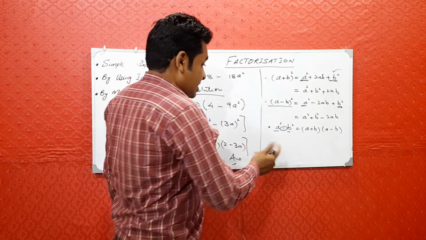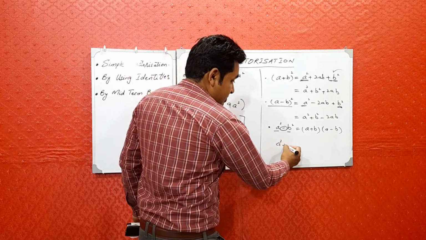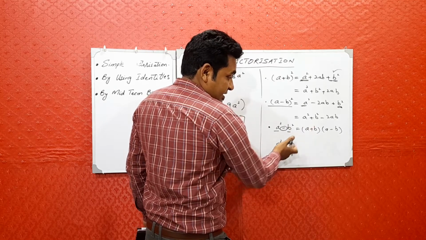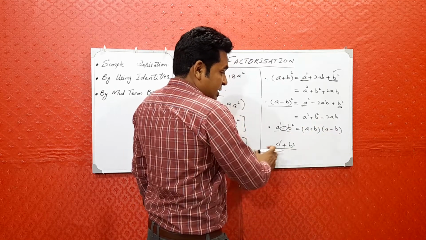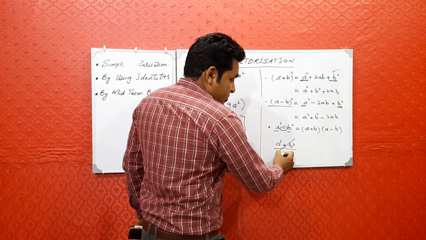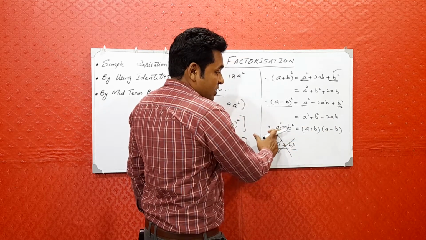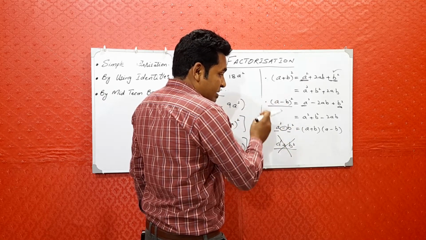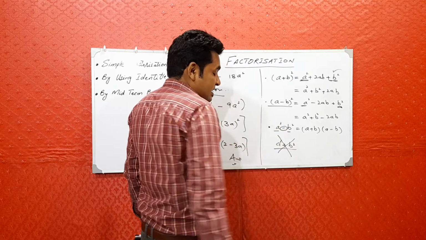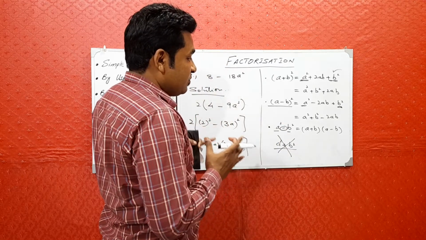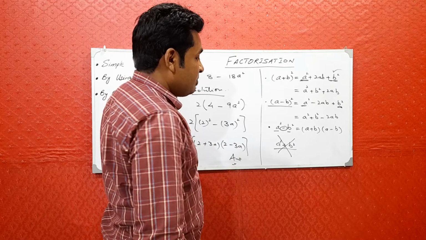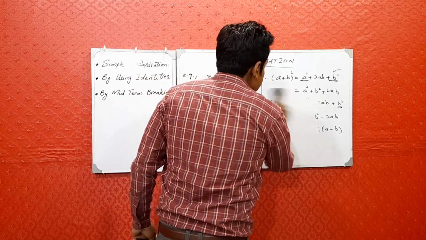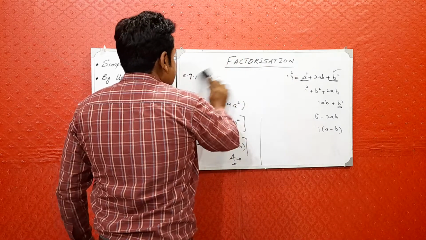If it is positive, if it is a squared plus b squared, then we cannot write it equal to a plus b and a minus b. There is no such identity. It is a squared minus b squared. So you always have to remember that there is a minus sign, and it is an expression of two terms and both terms are perfect squares. So this was all about using identities.